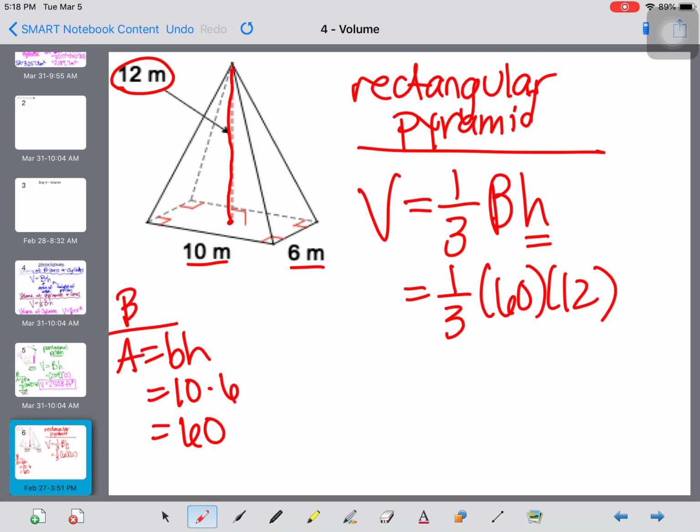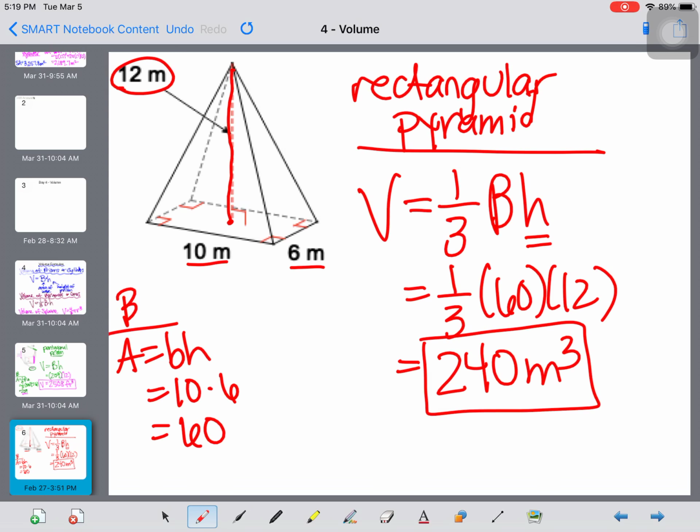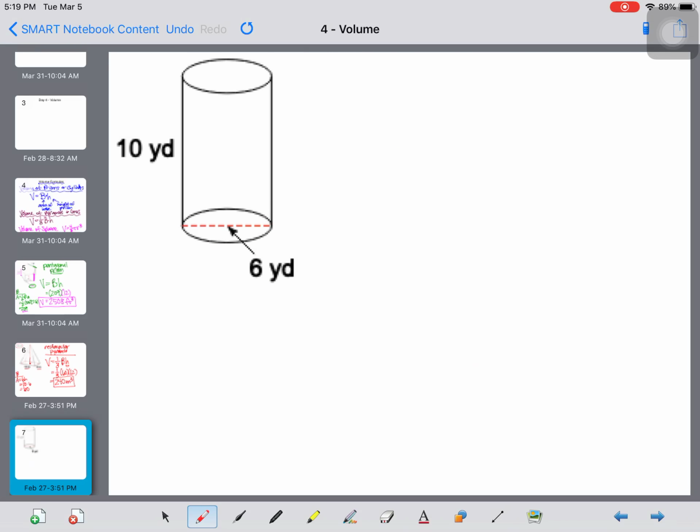So then we're going to do 1/3 times 60 times 12, and your total volume is 240 meters cubed. Okay, once that one makes sense, again proceed on to this next one.